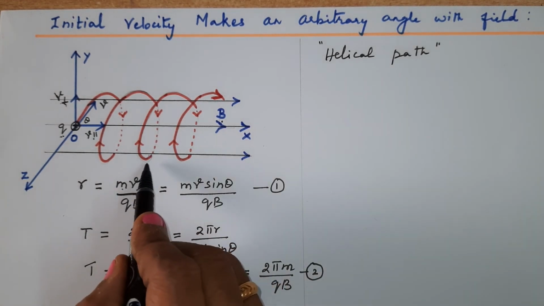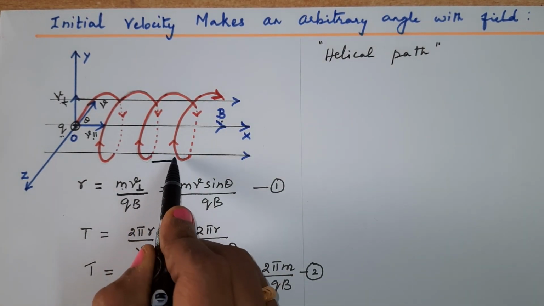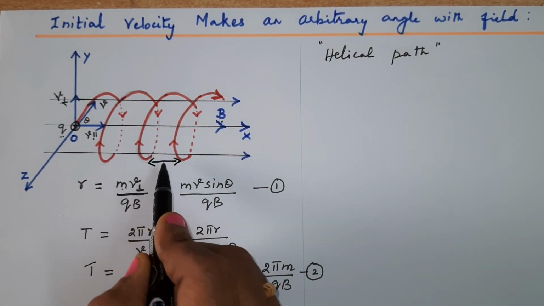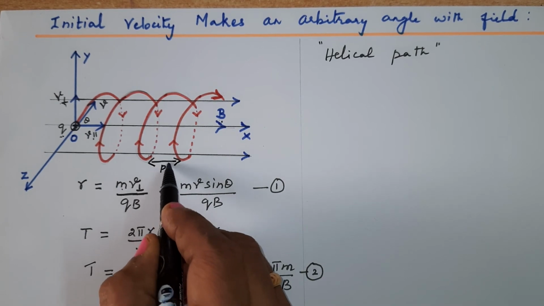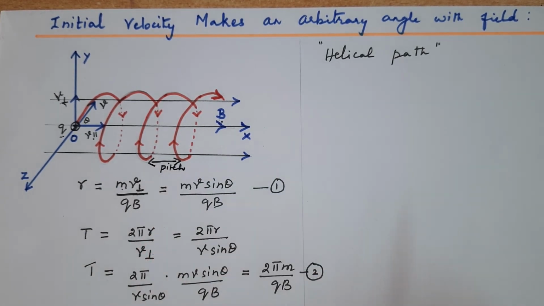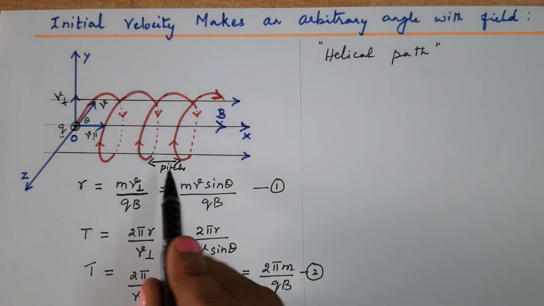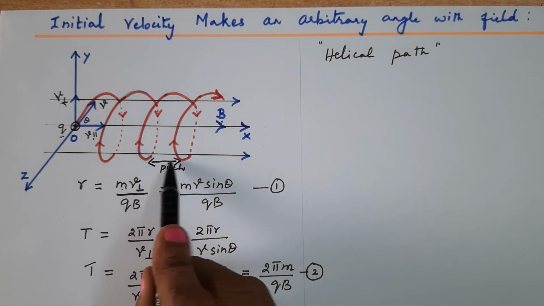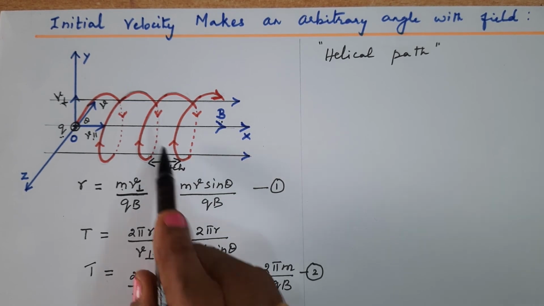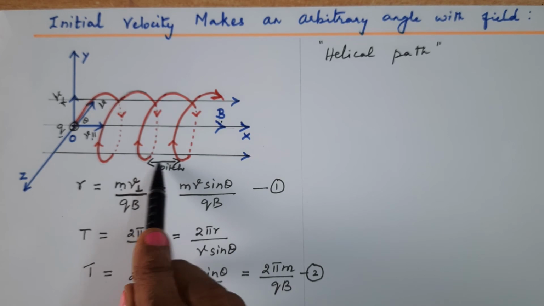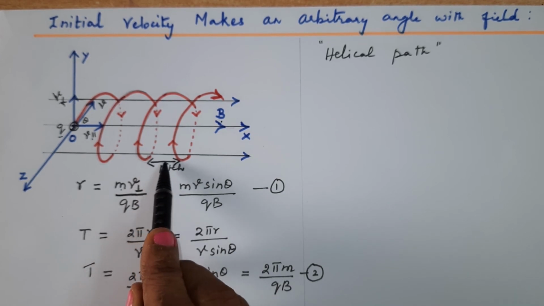We can also look at the distance between the two circular paths, which is called the pitch. Pitch is nothing but the linear distance travelled by the particle in the direction of the magnetic field during its period of revolution. When it is revolving, what is the linear distance between the turns?